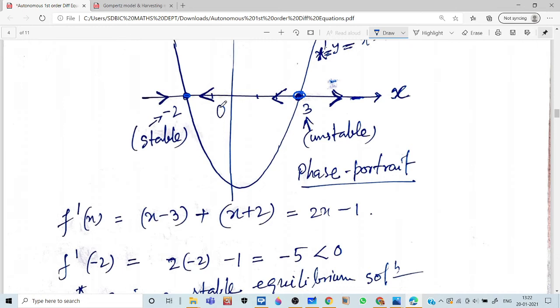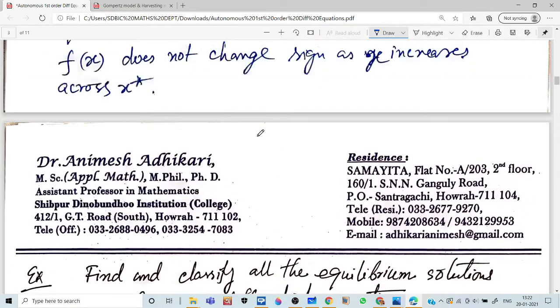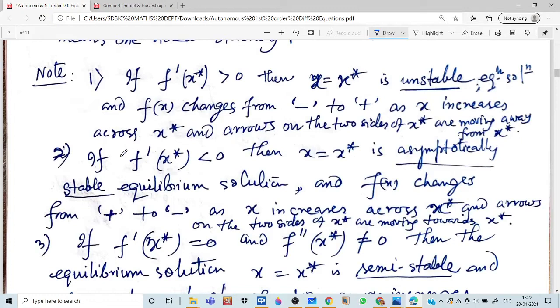So solutions start to be attracted to the point -2. Note that in this case, when f'(x*) is less than 0, then x equals x* is an asymptotically stable equilibrium solution, and f(x) changes from positive to negative as x increases.